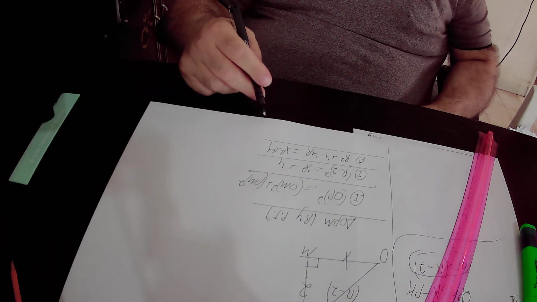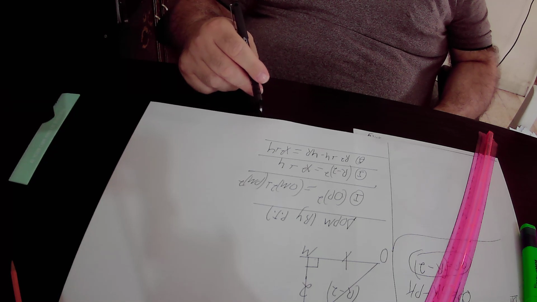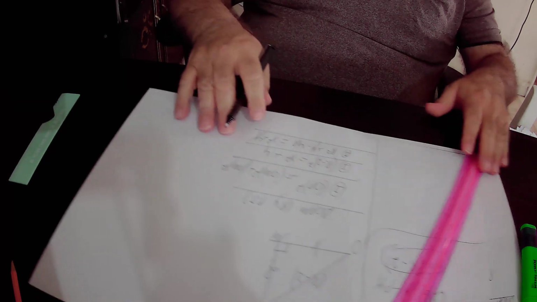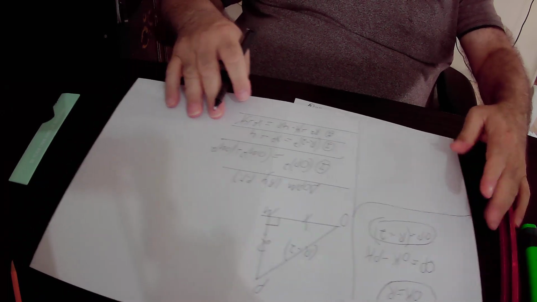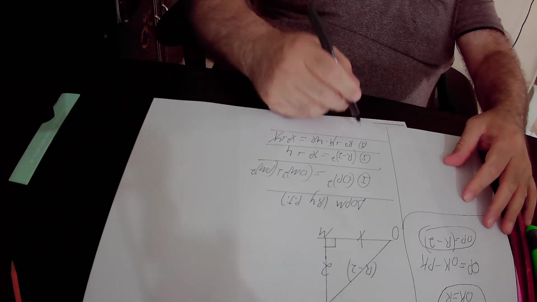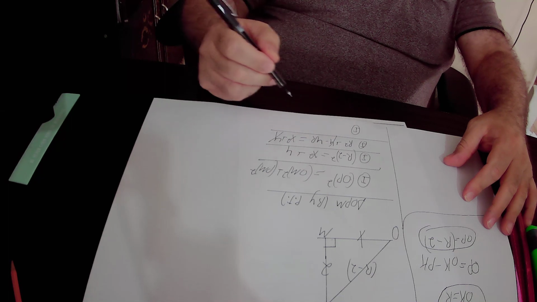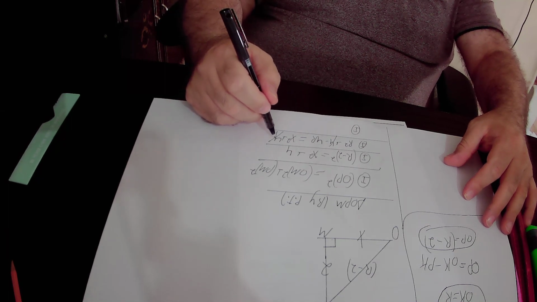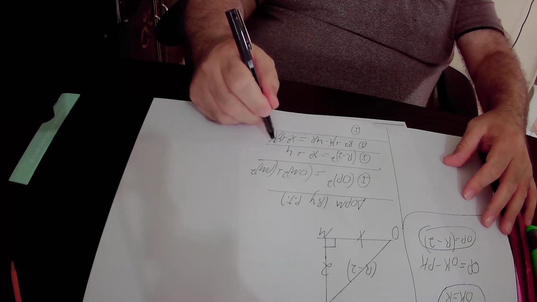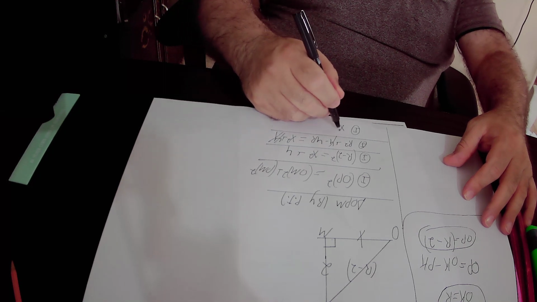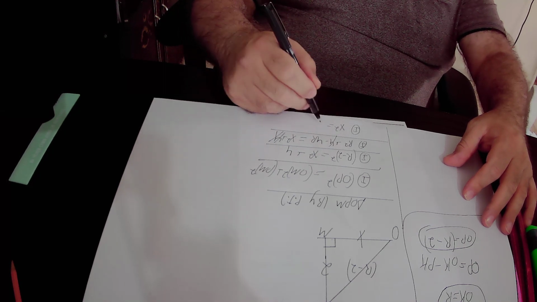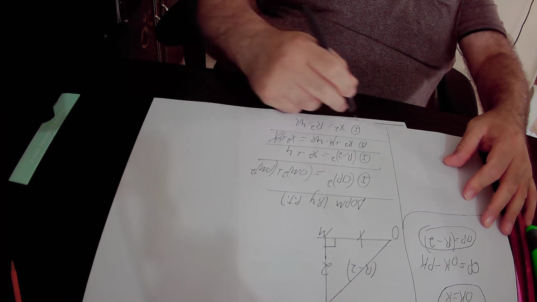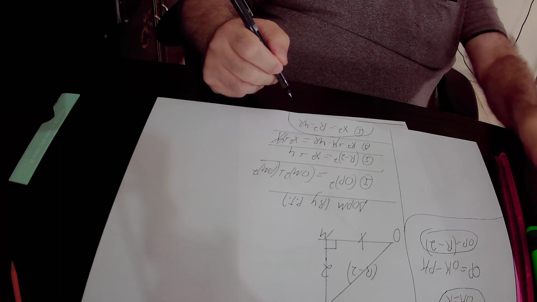So here we have 4 on both sides of the equation, so 4 will get cancelled. So in conclusion, we found out that according to equation number 1, X squared equals R squared minus 4R. Okay.